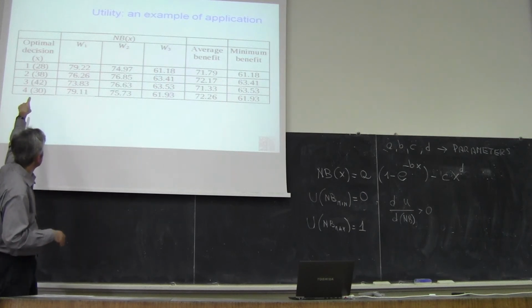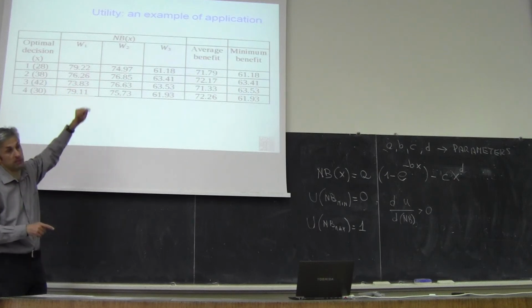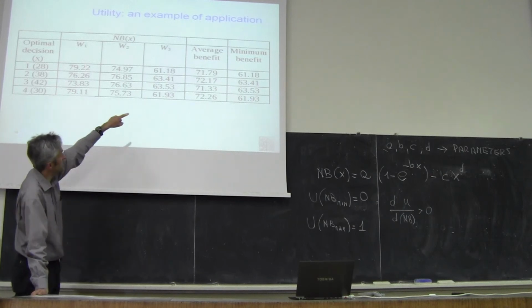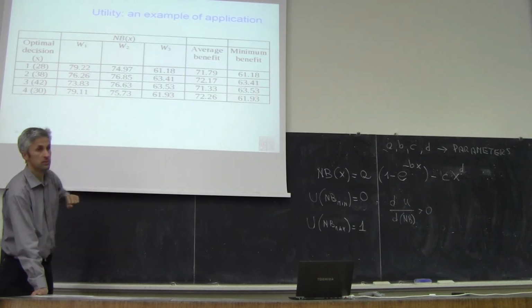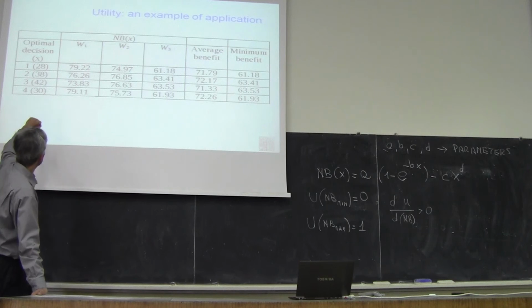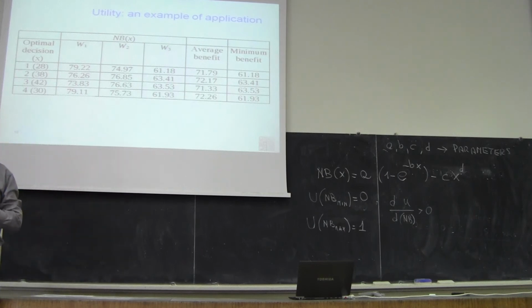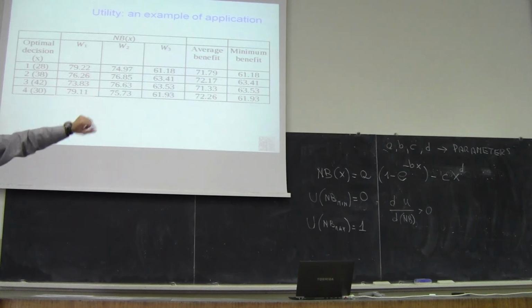Now, 38. 38 is the maximum benefit according to the second parameter vector. So you see, again, the three benefits, the average and the minimum. Perfect. 42 is the optimal solution for the third parameter vector. Again, average benefit and minimum benefit.